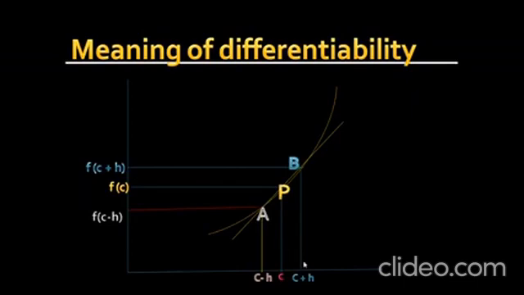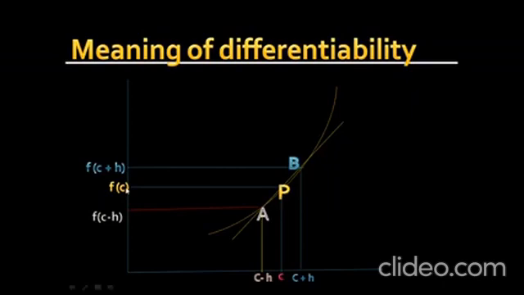So again we can say limit h tends to 0 because it approaches c. Now at this point we can say the value of the function f(c plus h) becomes f(c).